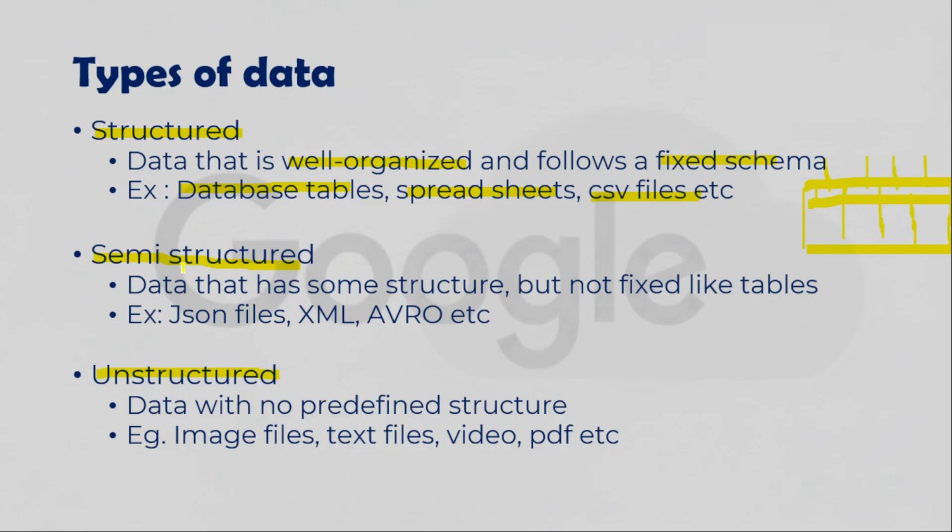The next category is semi-structured data, where the data has some structure but it is not fixed like tables. You can understand the format for sure, but the schema is flexible. For example, we have JSON files, XML, Avro, and such kinds of files. If you take the example of a JSON file, you know the structure of it, but it does not have a fixed schema.